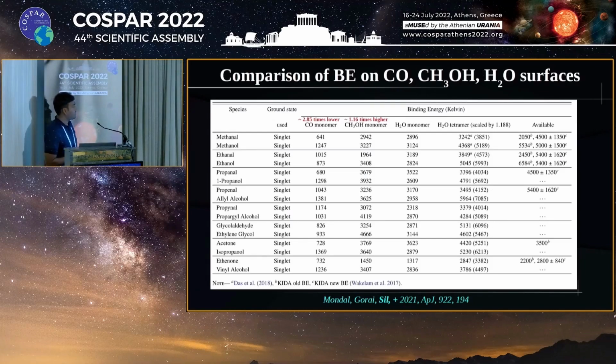From these calculations, we calculated the binding energy on CO monomer, methanol monomer, H2O monomer, and H2O tetramer. For CO monomer, compared with the H2O monomer, we get 2.85 times lower binding energy. And for methanol monomer, we get 1.16 times higher than H2O monomer.